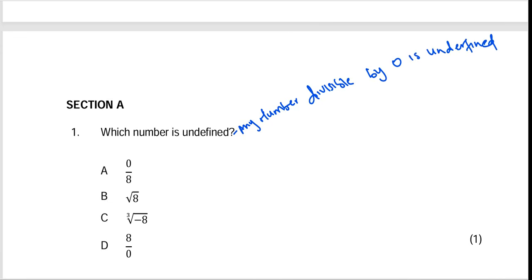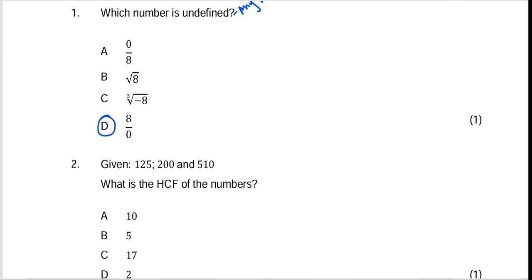For example, 2 over 0, 100 over 0, minus 10 over 0. Any number divided by 0 is undefined. Let's just check the options given here. So the answer is going to be D.